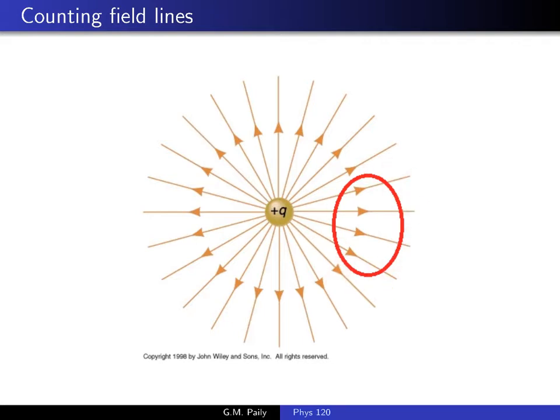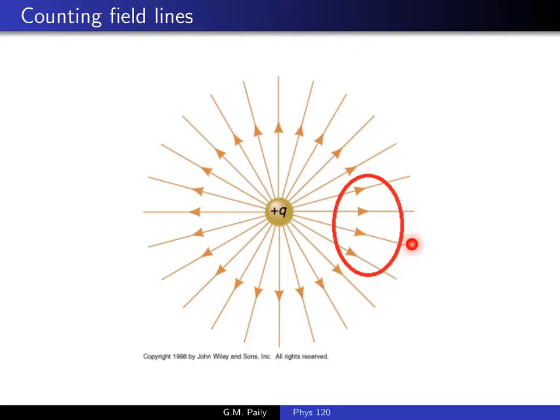What about this surface? Here we see that there are 4 field lines entering and going in roughly the opposite direction to the area vector. Remember, the area vectors for a closed surface always point outward. So we see 4 field lines entering in roughly the opposite direction to the area vector, which counts as a negative flux.